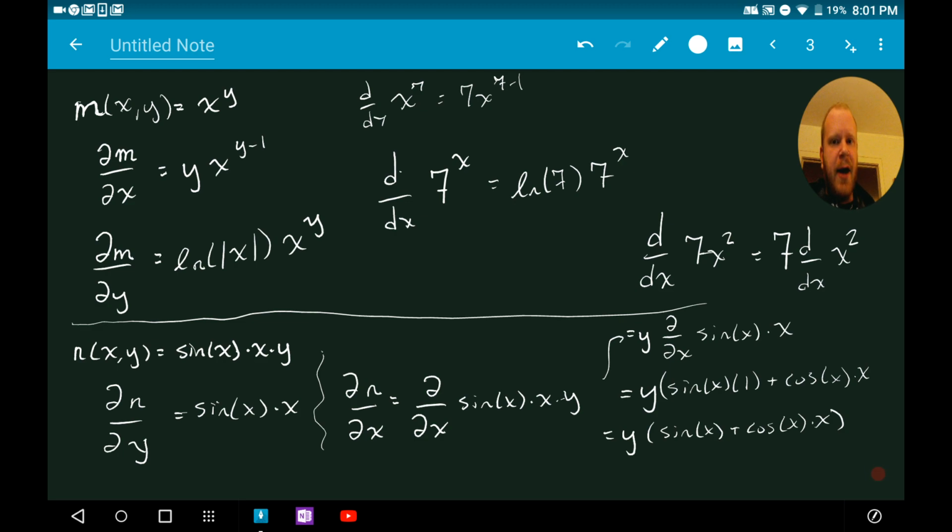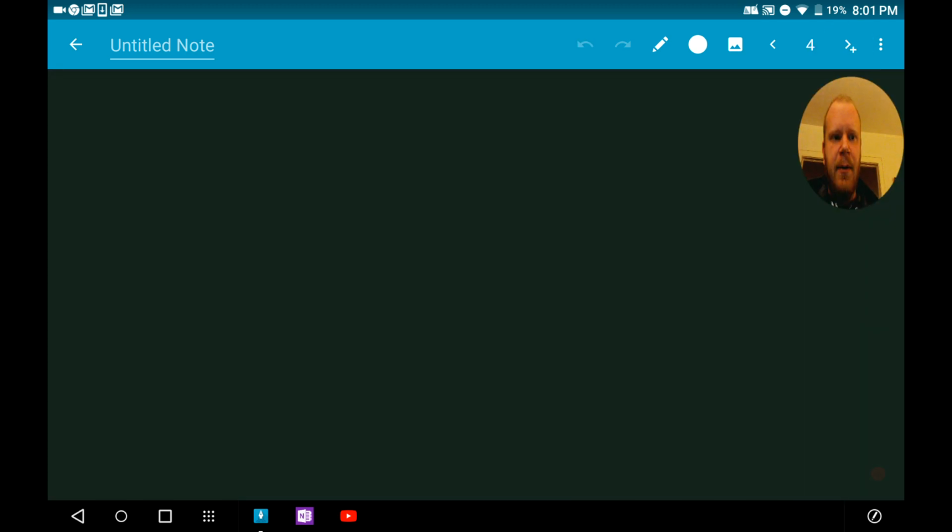There is one other category of these types of things that you may not have seen before, and those are implicit. So these are the implicit partial derivatives, and I'm going to draw an analogy to what we already know from calculus.